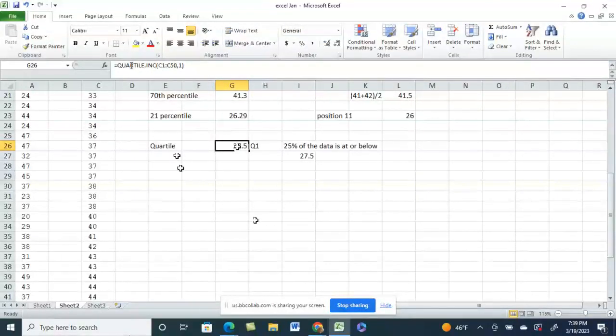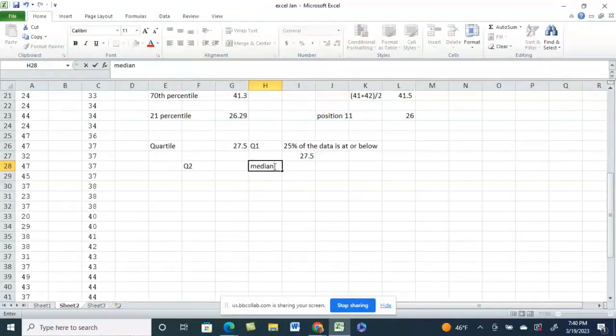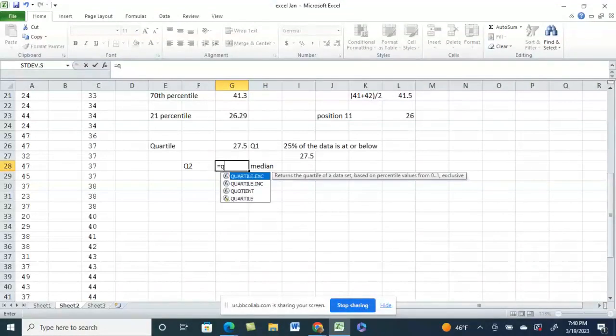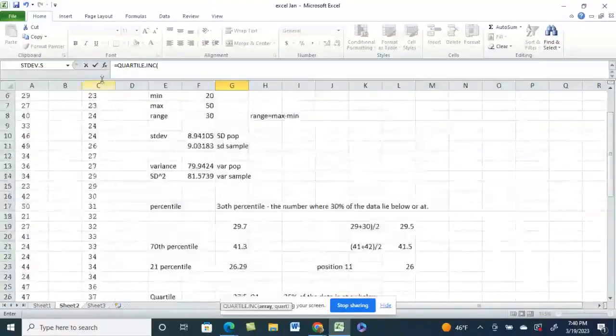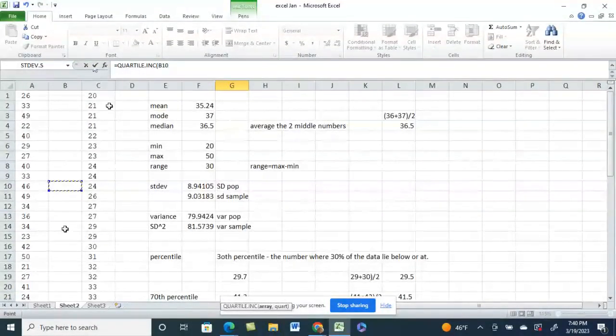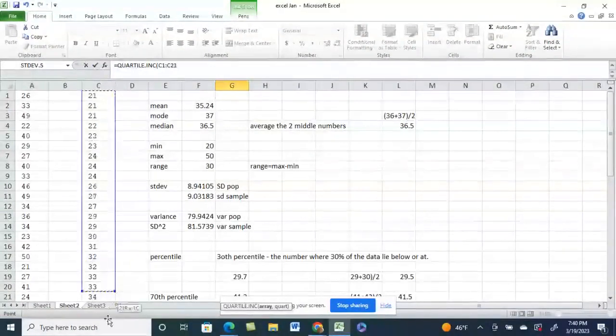And then Q2 is the same as the median. They're equal. Q2 is right in the middle, but we can use the formula quartile inclusive. I want to show you that it's equal to the median.